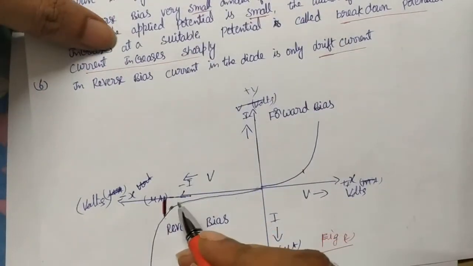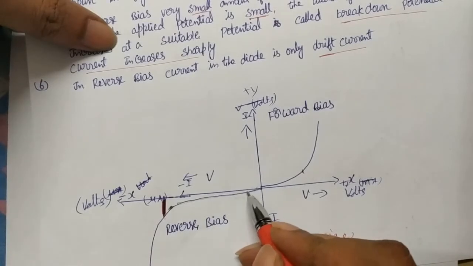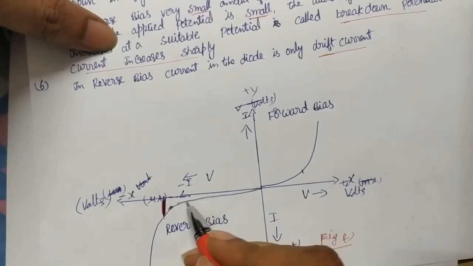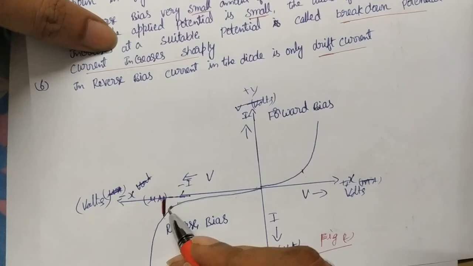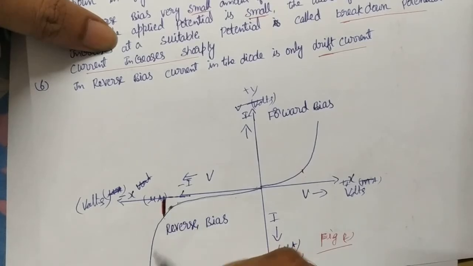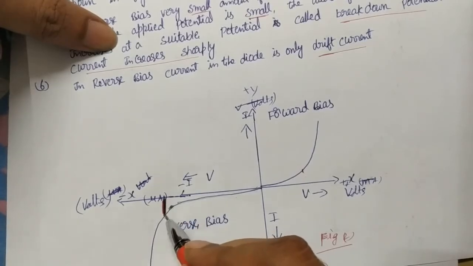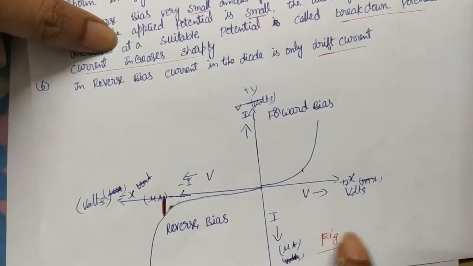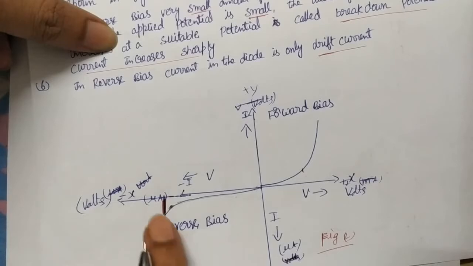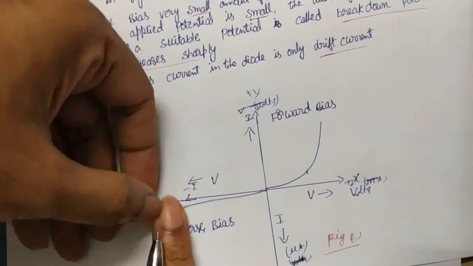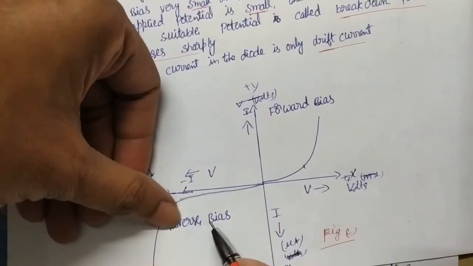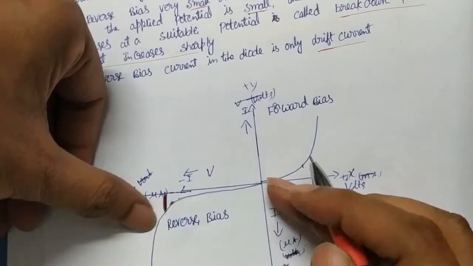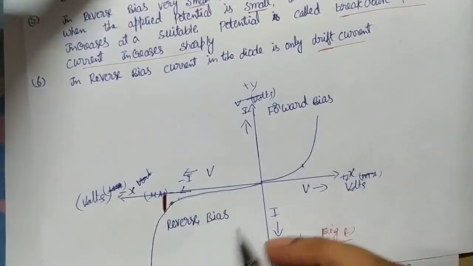Even if the potential increases to a larger value, the current stays very small, very close to this line. It increases all of a sudden at a particular potential called the breakdown potential. Here they didn't observe the characteristics of the transistor beyond this breakdown potential, only below the breakdown potential up to here. That means a very small negative current flows. Here negative potential and negative current, that's why we take the third quadrant.